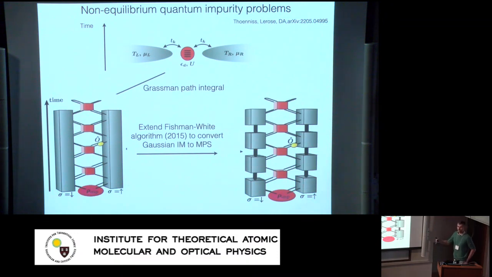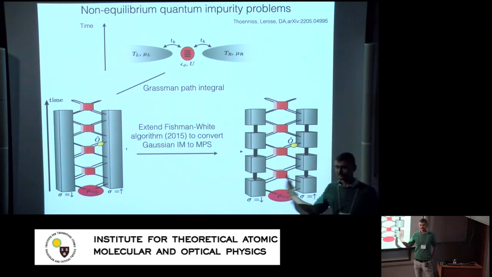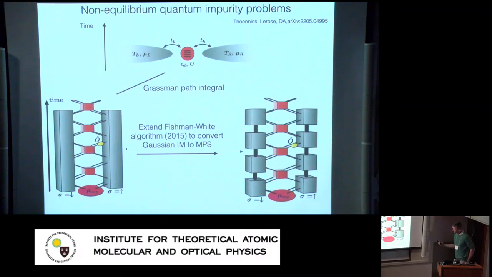That's exactly the situation where our results apply. So we can, first of all, find the influence functionals of these reservoirs exactly. They would be Gaussian, just like this BCS wave function I mentioned.